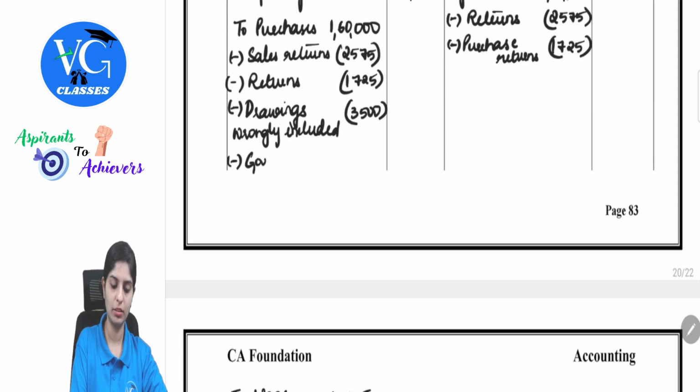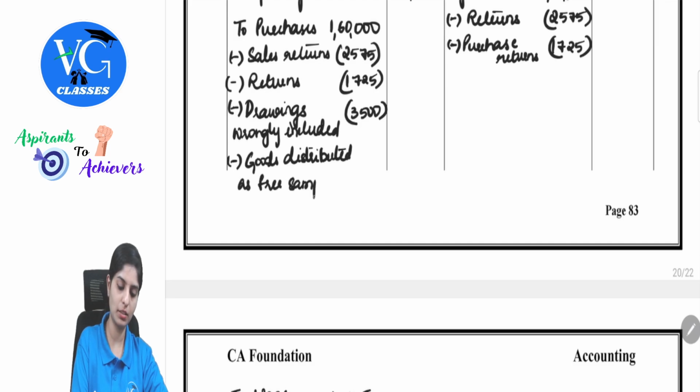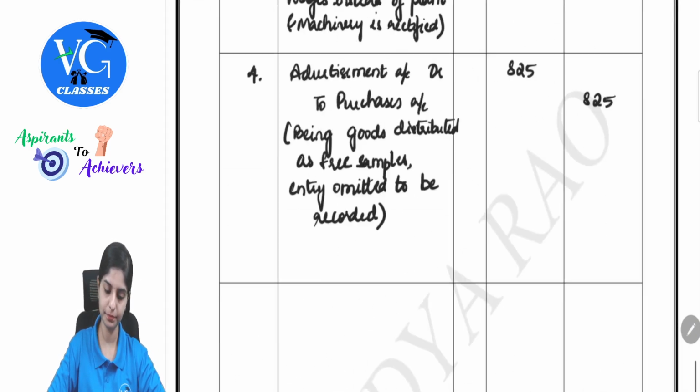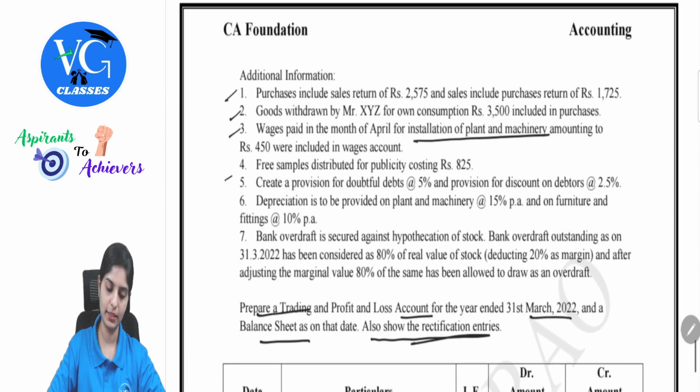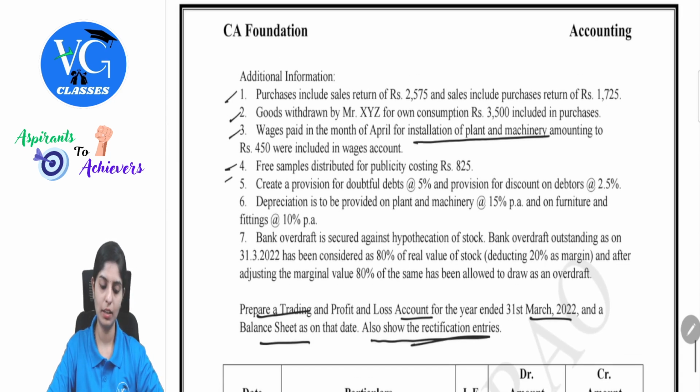Minus goods distributed as free samples 825. Next, create a provision for doubtful debts at 5% and provision for discount on debtors at 2.5%.